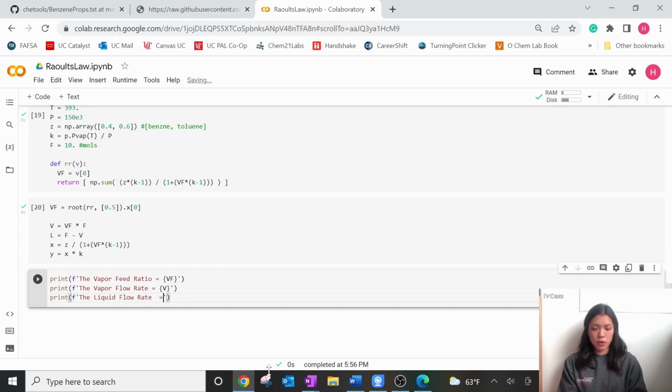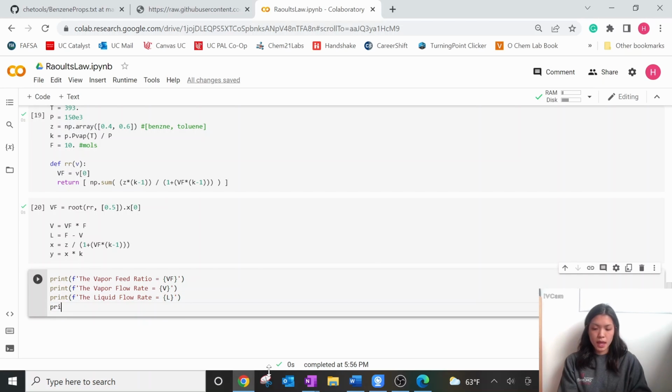So for our print statements, we are doing print, and in parentheses, we are then doing F and then quotation, and then the title of what we are finding.